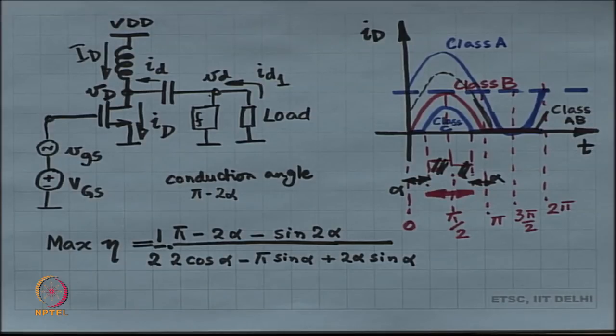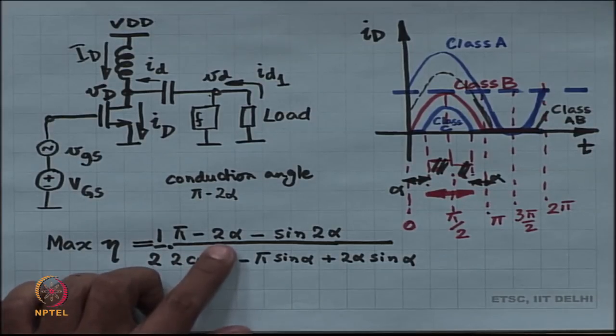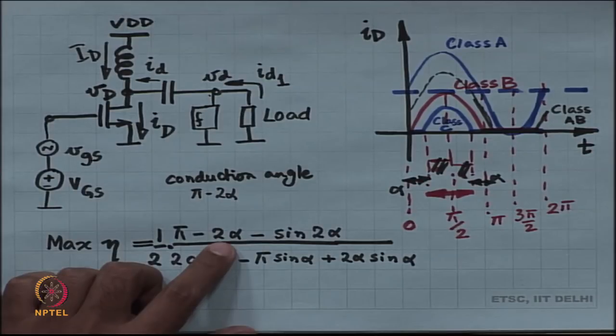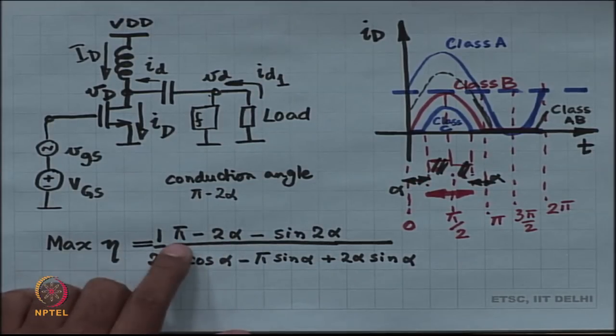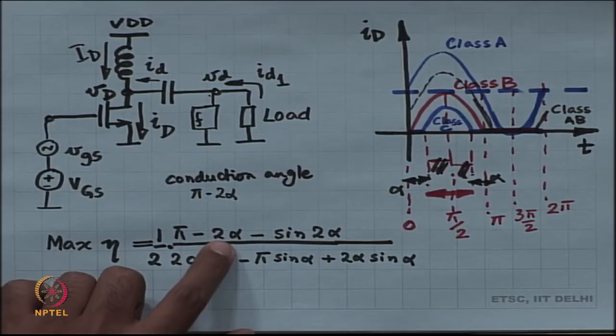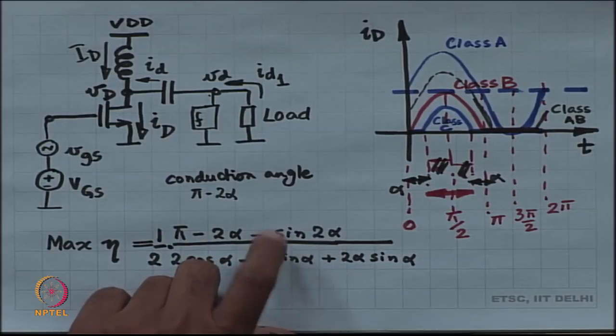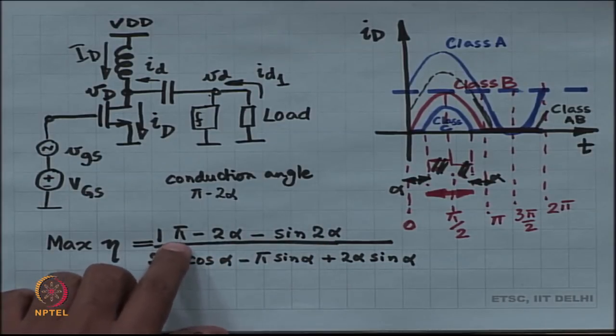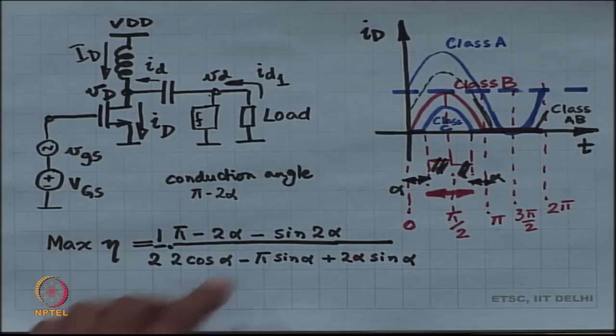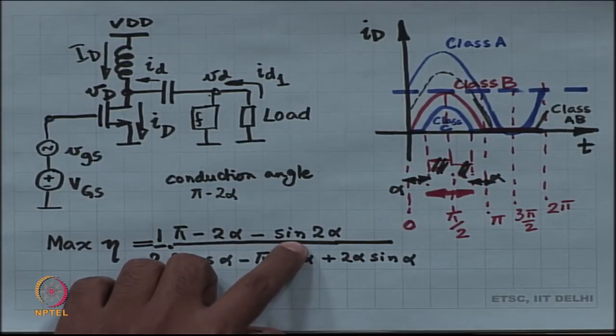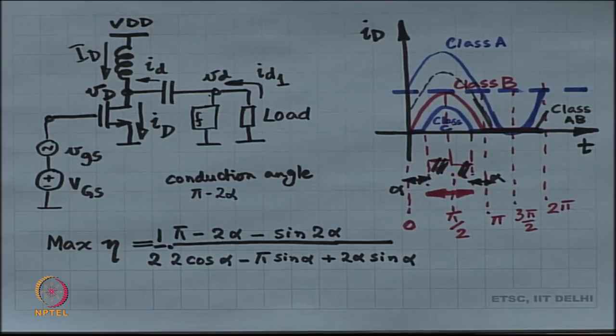Okay. For example, when alpha has become pi by 4, pi minus 2 alpha, 2 alpha is pi by 2, minus sine 2 alpha, sine of pi by 2 is 1. So, pi minus pi by 2, so that is pi by 2 minus 1. Okay. So, you find that the numerator has become of the order of 0.5, little more than 0.5.